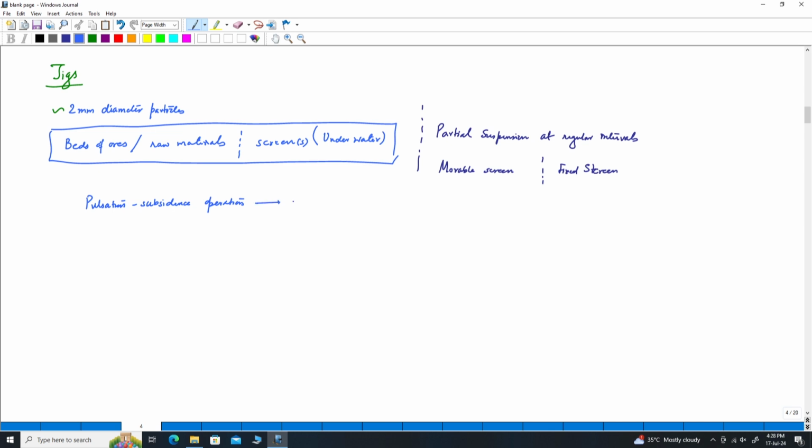What it does is basically separation of light material on top and heavy material at the bottom.